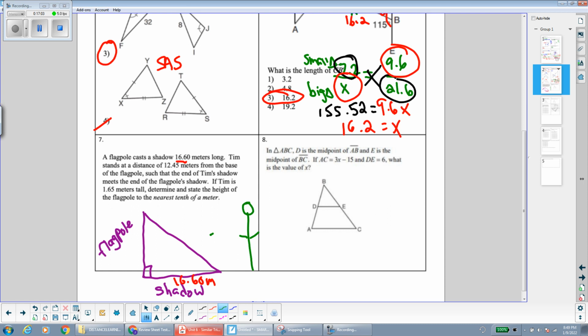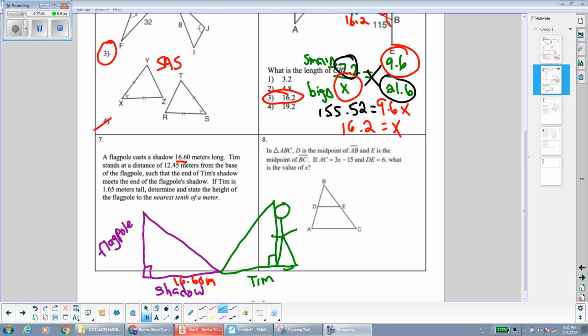So this can be Tim, stands at a distance of 12.45 meters from the base of the flagpole, such that the end of Tim's shadow meets the end of the flagpole shadow. So I just moved Tim over a little bit. You can draw the triangles inside of each other, but I just prefer to draw them separately. So I just moved Tim over a bit.